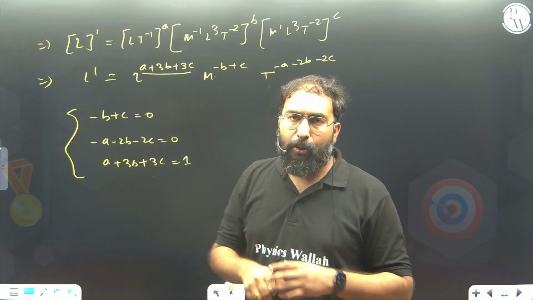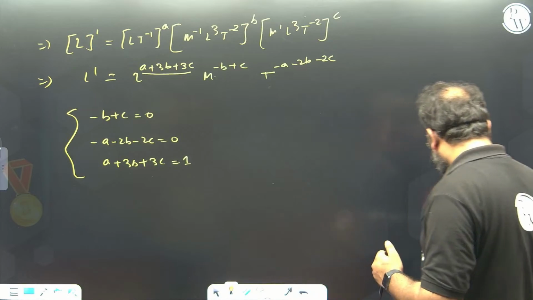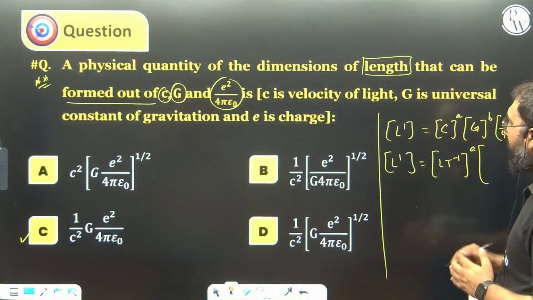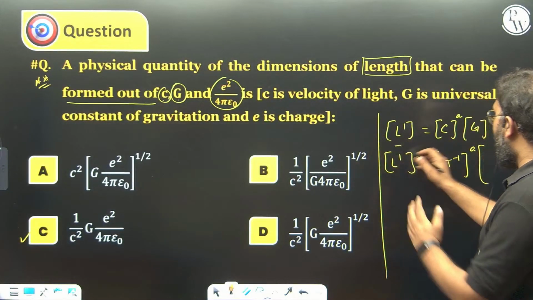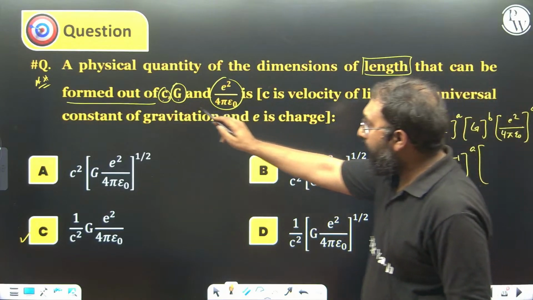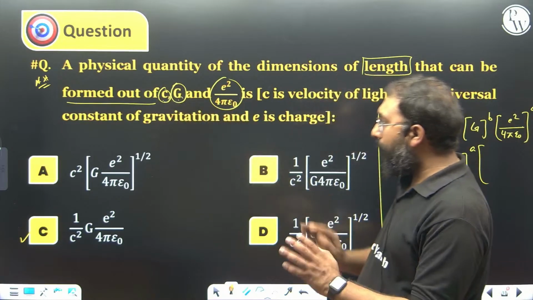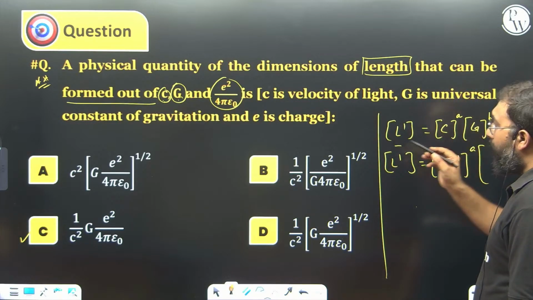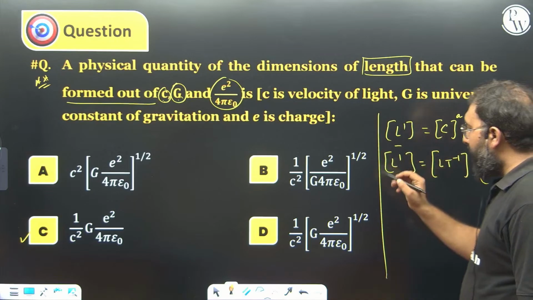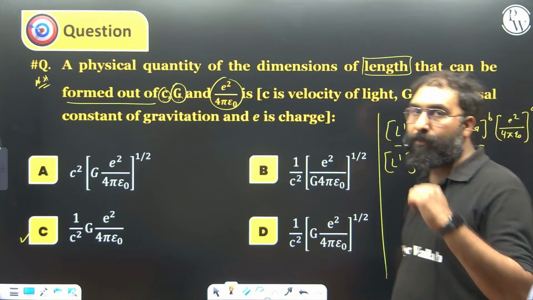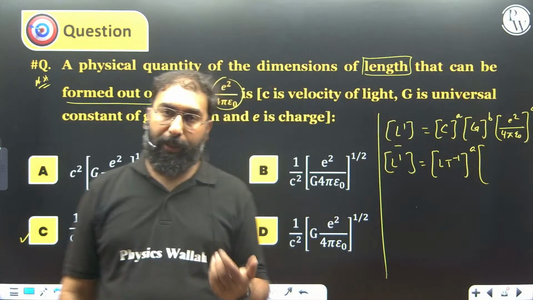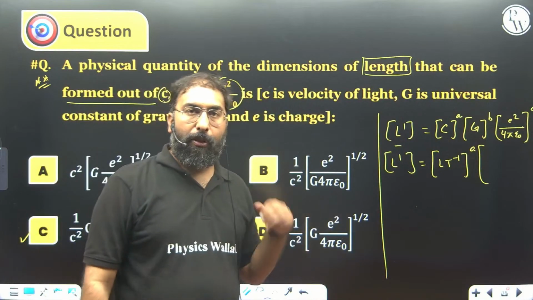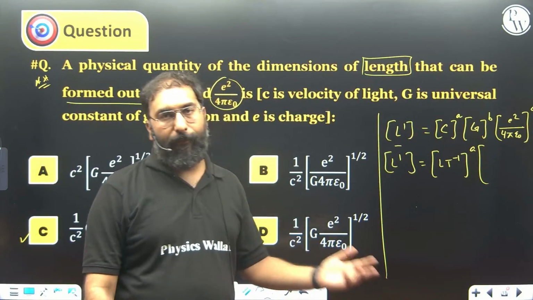In such questions you have to follow this basic method: write down LHS and RHS, take the given quantities as your fundamental quantities and assume their powers to be A, B and C. Then write down the dimensions in terms of fundamental quantities, compare, write the equations, solve them and you'll get the final answer.